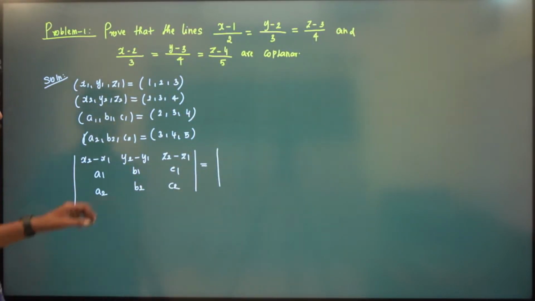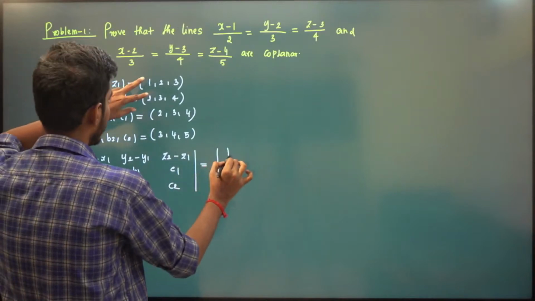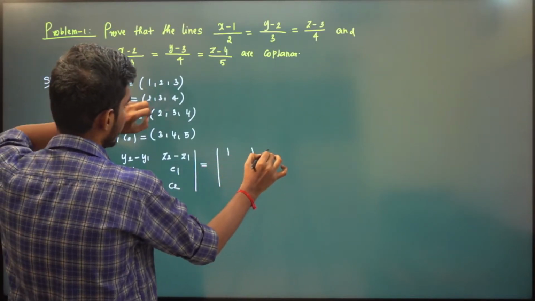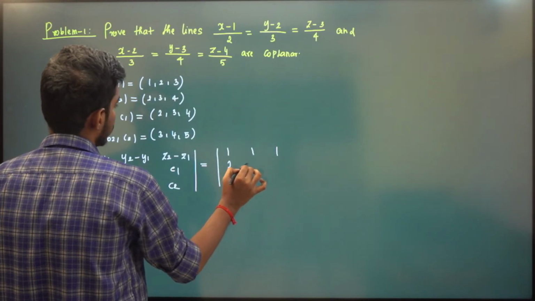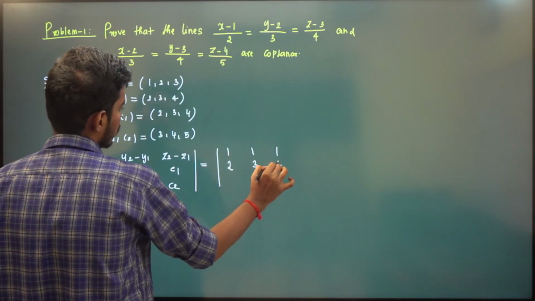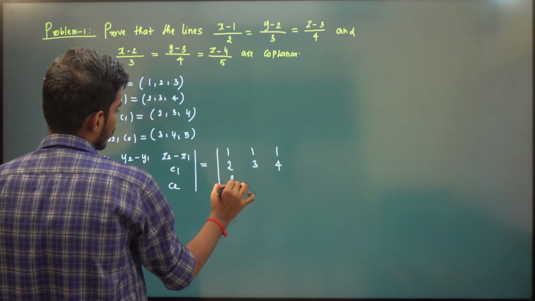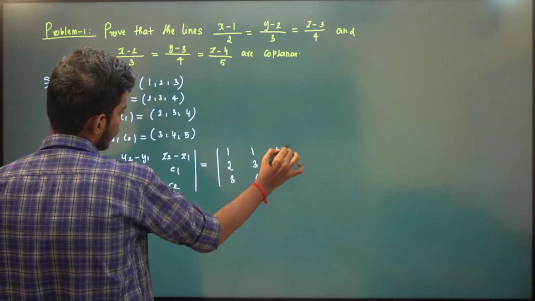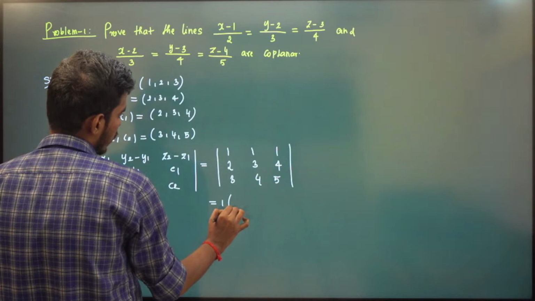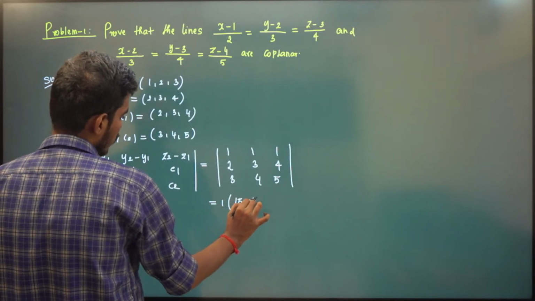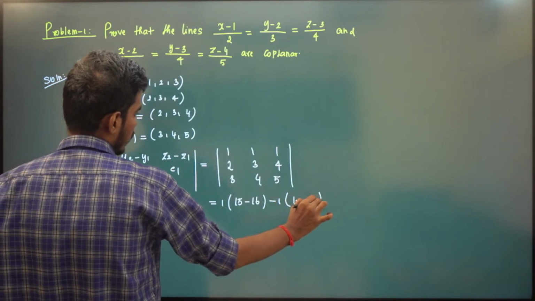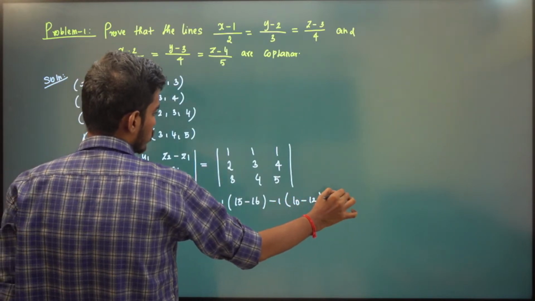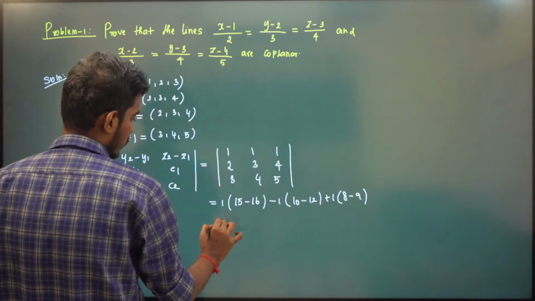So the determinant of x2 minus x1: 2 minus 1, 3 minus 2, 4 minus 3, which is 1, 1, 1, then a1, b1, c1, a2, b2, c2. So 1 into (15 minus 16), (10 minus 12), (8 minus 9).